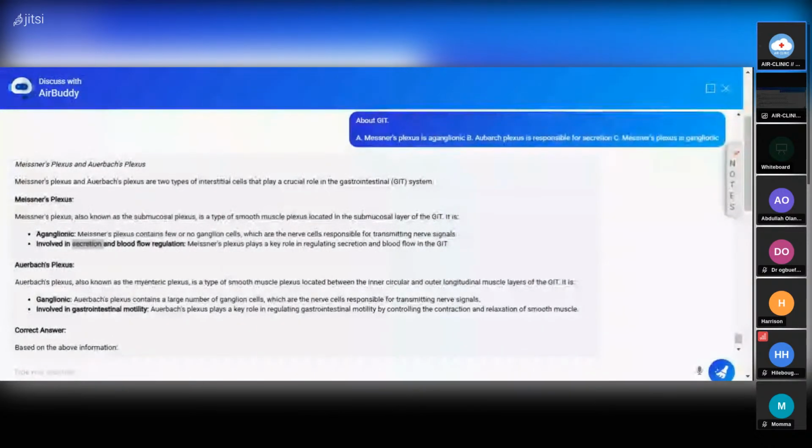So it says corneal reflex. Option A, facial nerve. Option B, trigeminal nerve.